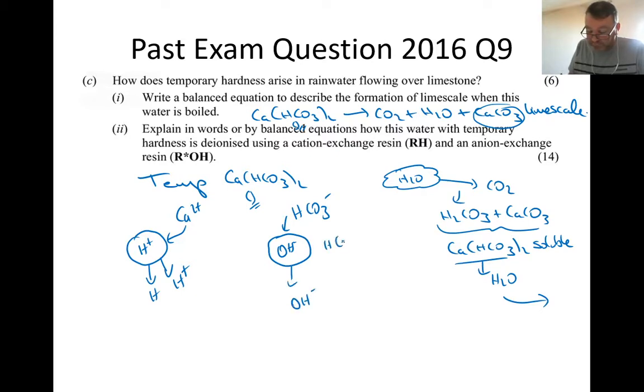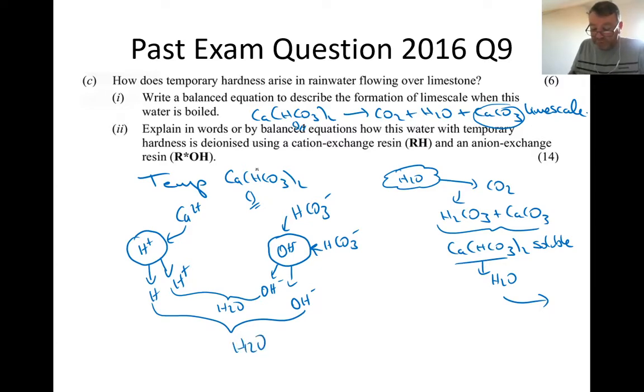So another one comes along here, attaches there and sends out another OH minus. So you can see immediately what's going to happen. These two will get together and form H2O, and then these two will get together and form H2O. And the water becomes completely deionized. What was water with calcium and hydrogen carbonate ions is now water with no ions whatsoever.